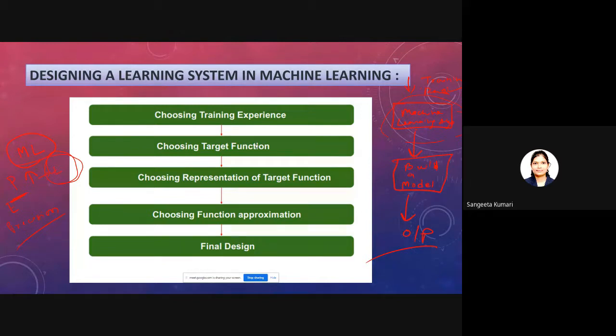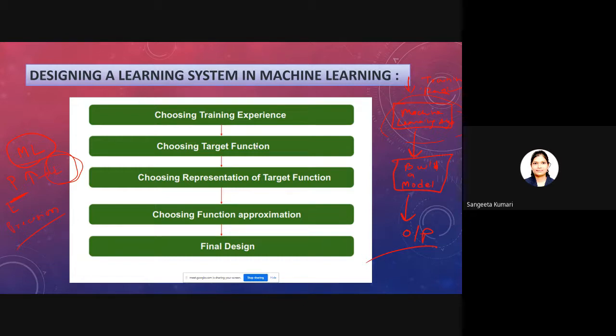So once you have chosen your training experience, then after you are going to choose the target function, and after that you are going to represent that target function with some sort of mathematical model, right? You are going to do it with a linear equation. Some sort of graph representation could be there.